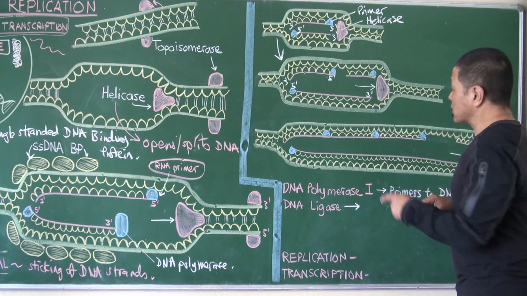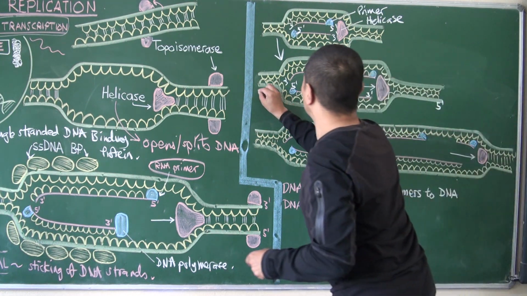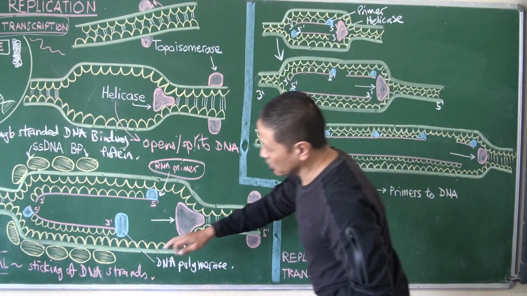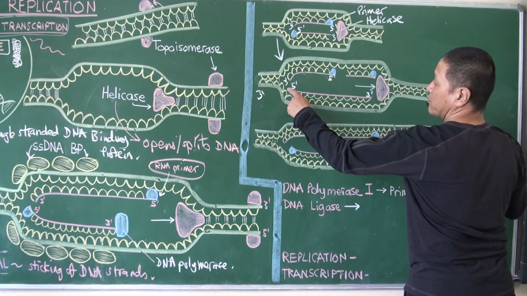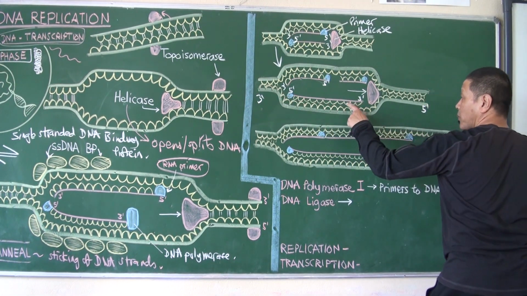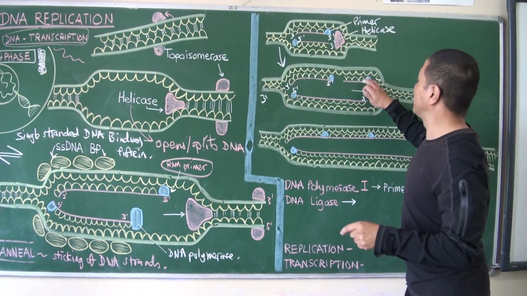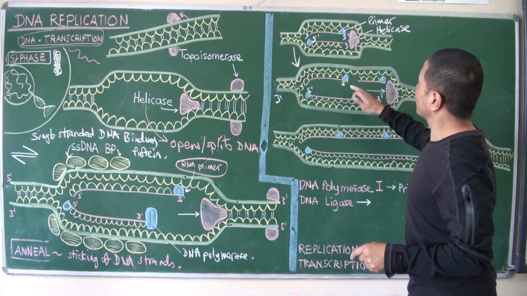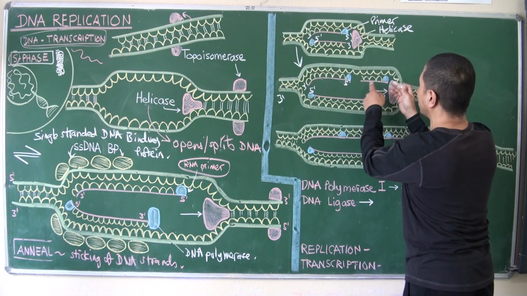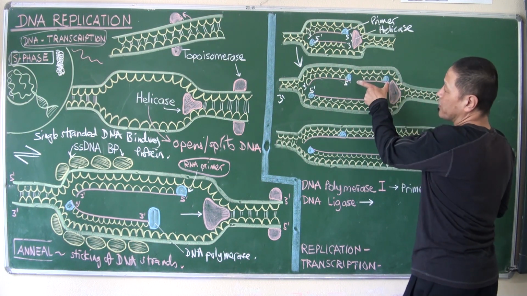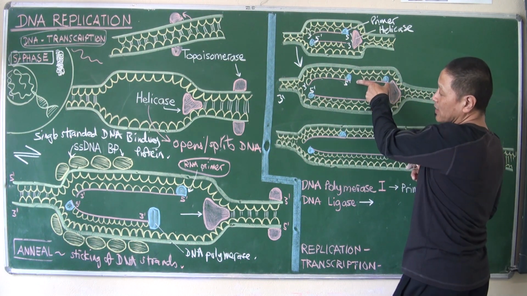Since this one has 3' and 5' here, this is the reason why this strand is being copied continuously. In the case of the other one, you find it had copied this stretch. Now it opened up this much and it copies the remaining part.